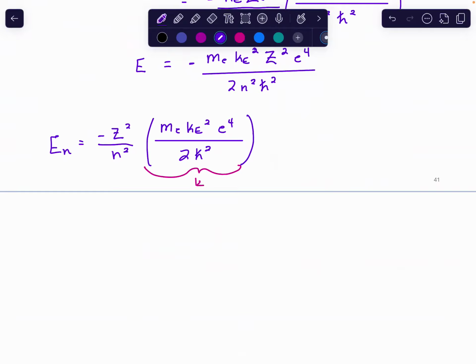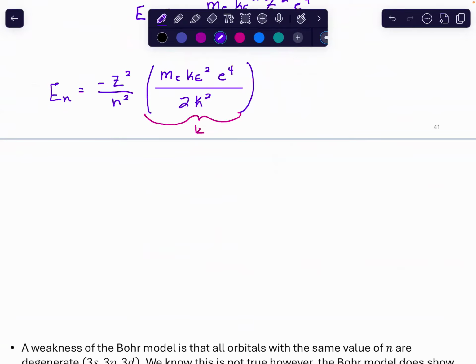Now, this is going to have a couple of values. So K is going to be about 13.6 electron volts, or something you might be more used to, 1.312 times 10 to the 4th kilojoules per mole.